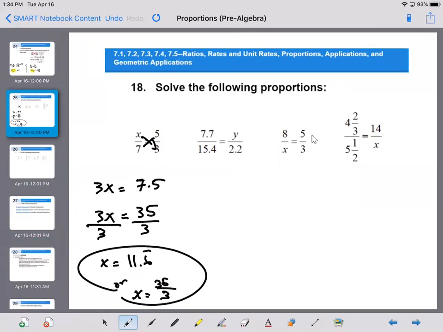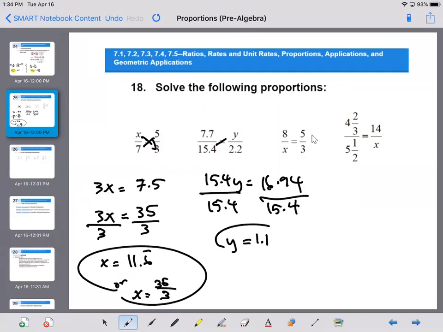If we do cross products, we'd say 15.4 y is equal to 7.7 times 2.2, which is 16.94. And we're just going to divide both sides by 15.4. And when you do that division, you're going to get y is equal to 1.1.